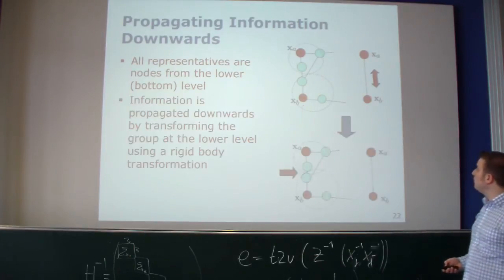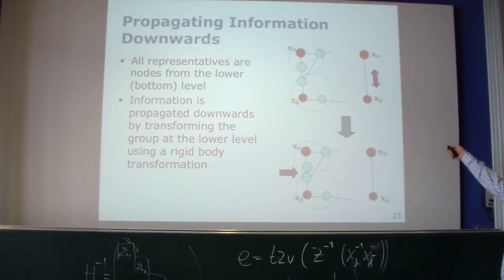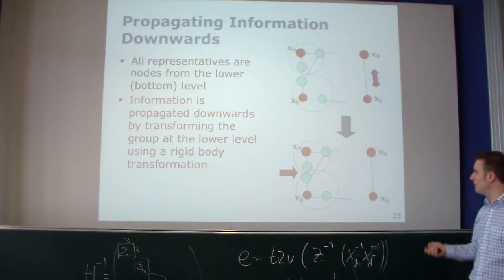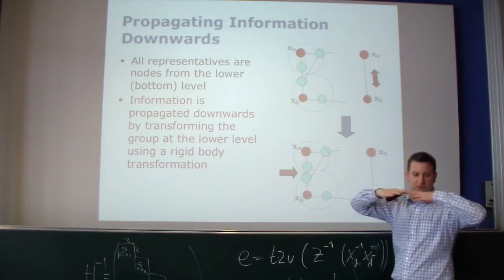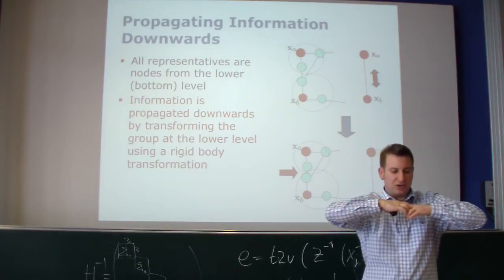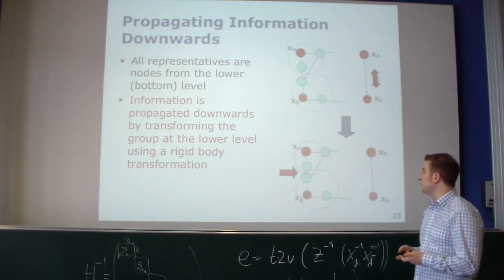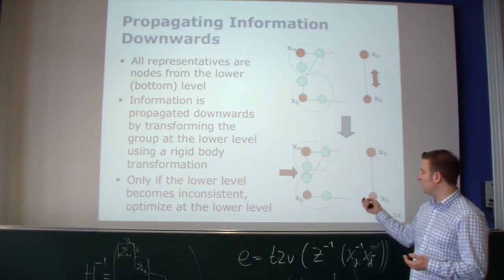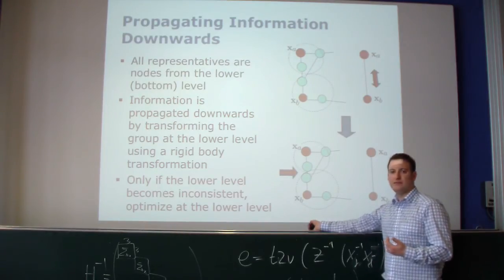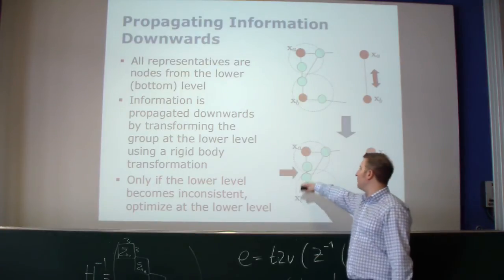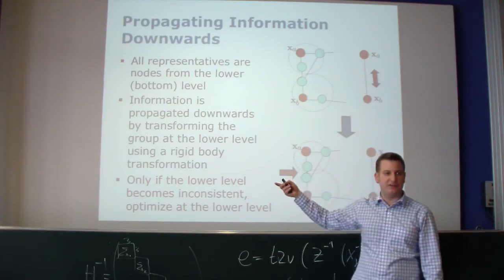If they move, for example, closer together in this example, based on the optimization I perform on the higher level, I just shift those two groups closer to each other. And then I can simply follow a strategy. If this update was large, I can start optimizing the pose graph of the lower level as well.